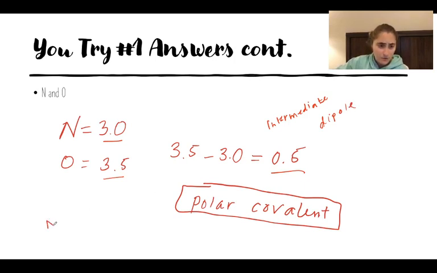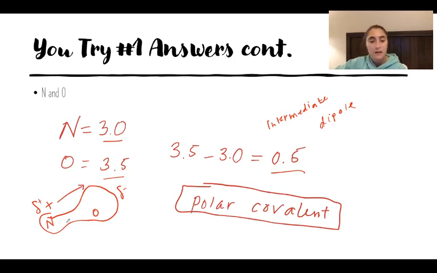And again, if I were to draw this out, oxygen is slightly more electronegative, so more of the electrons are going to be centered around oxygen. This side will be slightly negative, this side will be slightly positive, and this is the direction the dipole will travel in. Kind of looks like a turkey leg a little bit. So we would call this polar covalent.